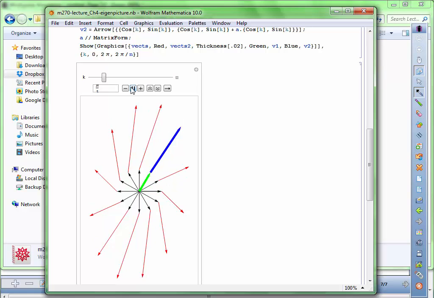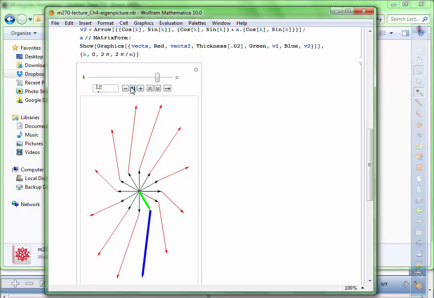So the idea behind an eigenvalue and eigenvector is that those black vectors in the middle are the vectors x. And then what I did was I applied the matrix to the vector x and attached it to its head. If it's going in the same direction, then that would be an eigenvector.